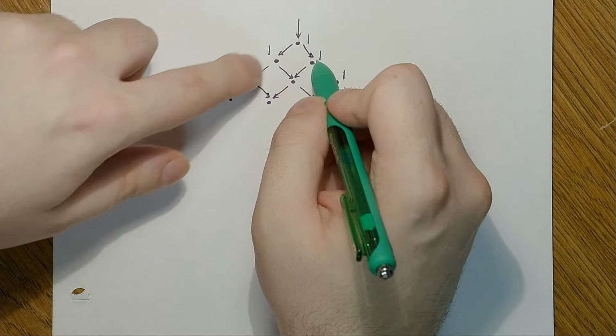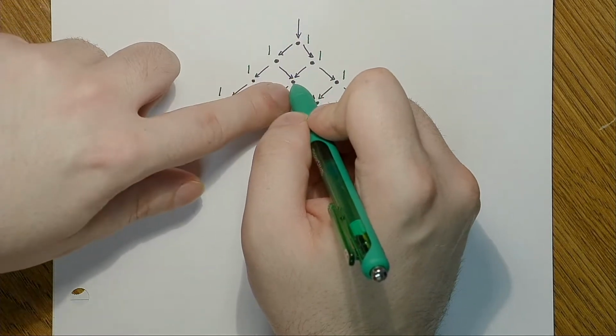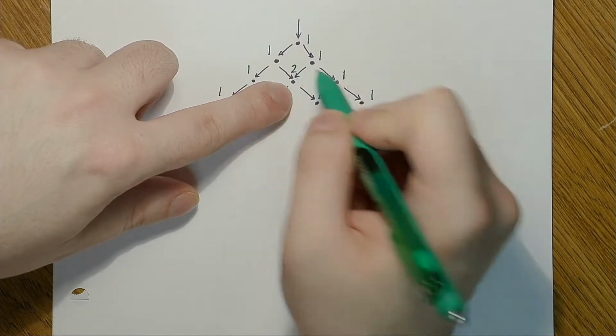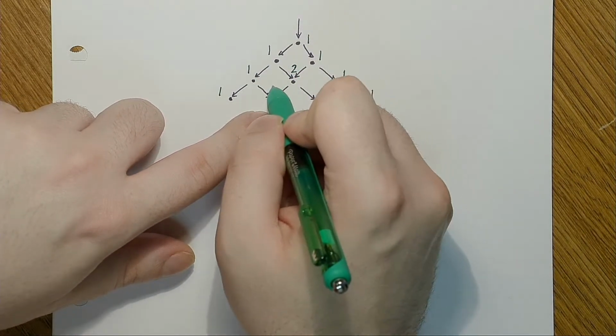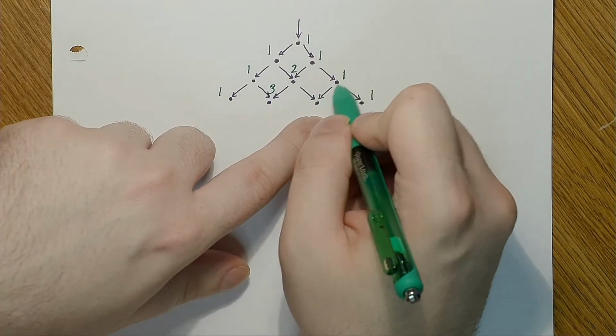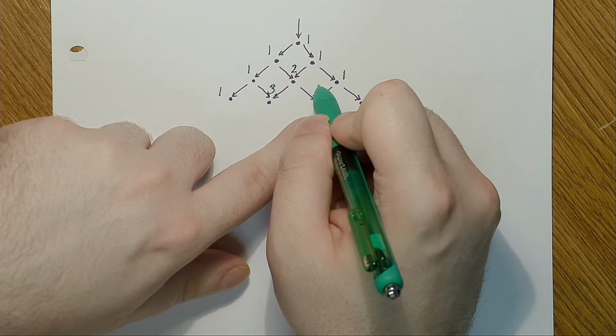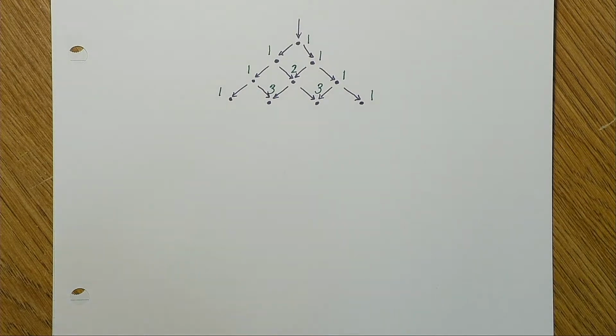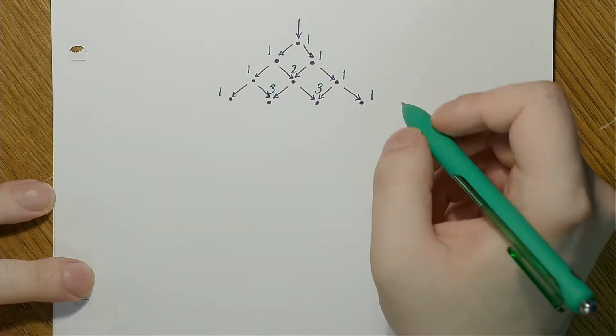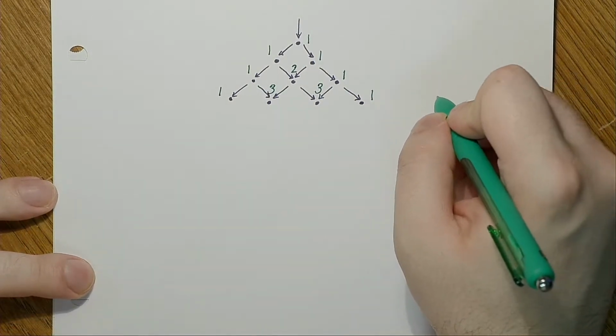But if we sum up the 2 paths here to get to this point, that gives us 2. And over here, there's 2 plus 1 gives us 3 paths as well. And over here. Oh, somebody has already noticed it. So yes, this is starting to look like Pascal's triangle.